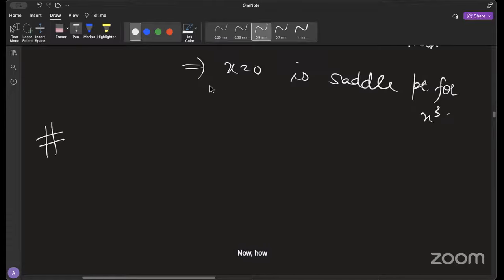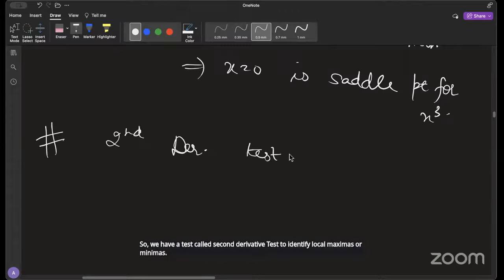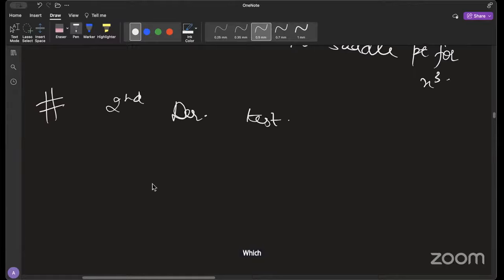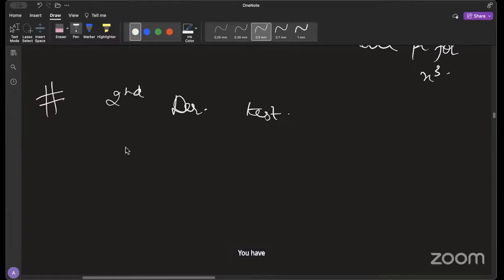Now, how do you check? This is a very rough method to do things, right? So we need to have a test. We have a test called the second derivative test to identify local maximas or minimas, which says, let's say you have a critical point and you have to find if it's a local maxima or a local minima.